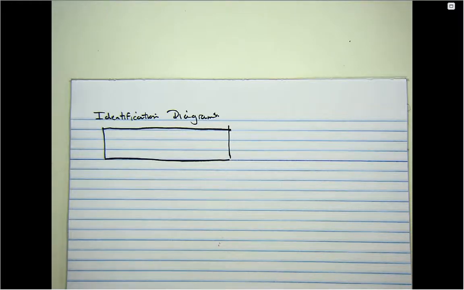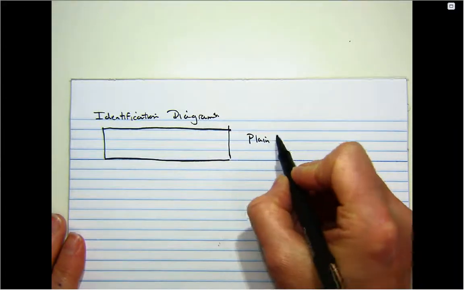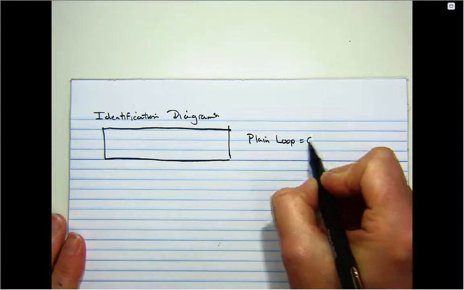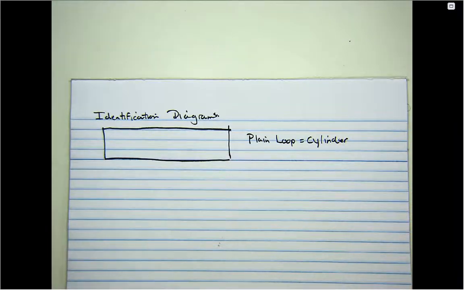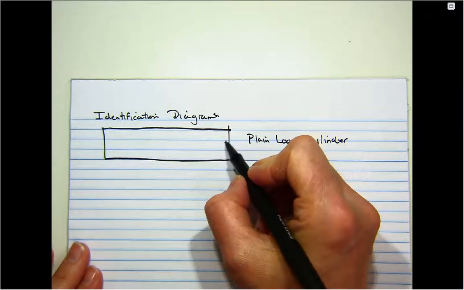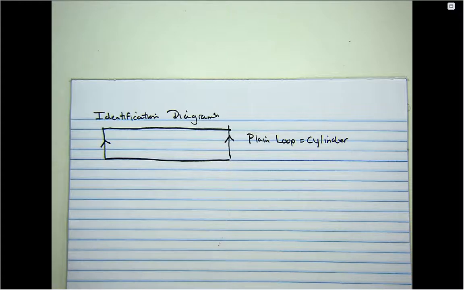3 dimensions. So for example, with the plane loop that we made, the plane loop was the cylinder that you just took a rectangular piece of paper and attached the 2 ends together. We indicate that by drawing the rectangular piece of paper and putting an up arrow on the 2 opposite sides.